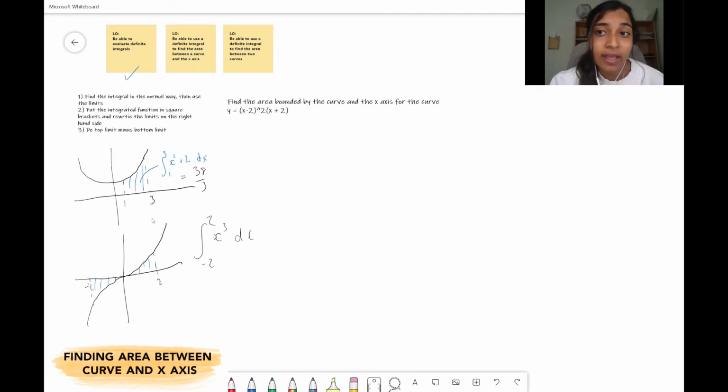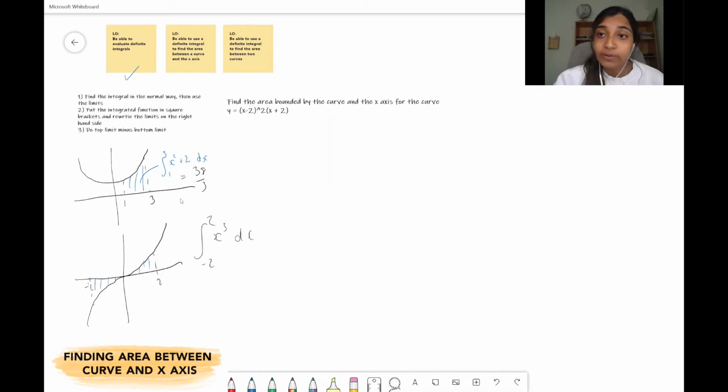It's just the area between the x-axis, where x is equal to 3 and 1, and the curve. So it's just that blue shaded area there. So that blue shaded area is also equal to 38 over 3. So that's just how you can use definite integrals to find the area between a curve and the x-axis.